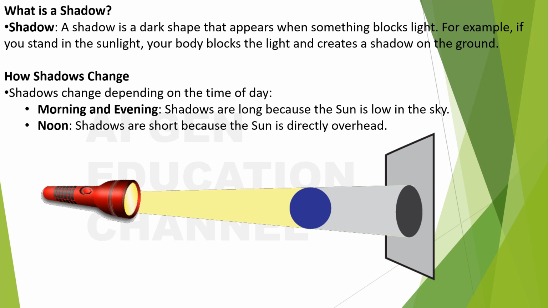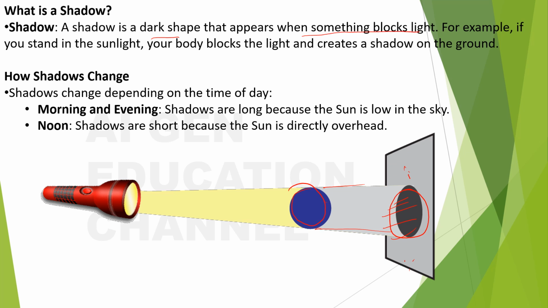What is a shadow? I have mentioned it earlier, right? When the light is going like this, and in between, if you put some object, then what happens? This object, when it comes here, will become a shadow, a dark area, and the rest of the area will be brighter. So a shadow is a dark shape that appears when something blocks the light.